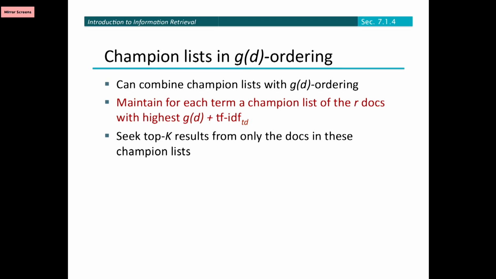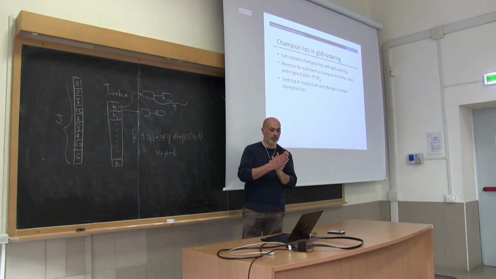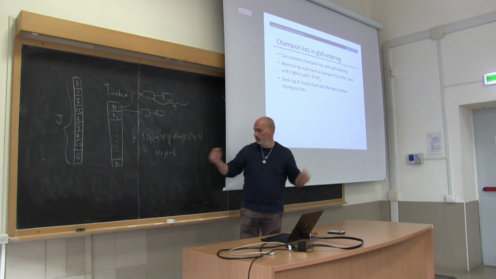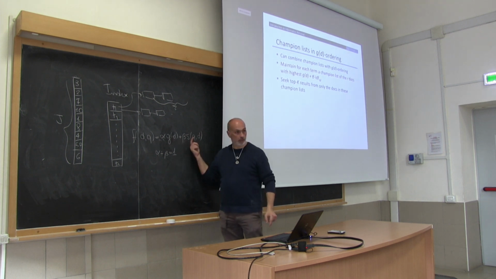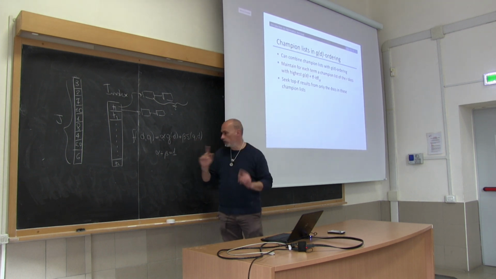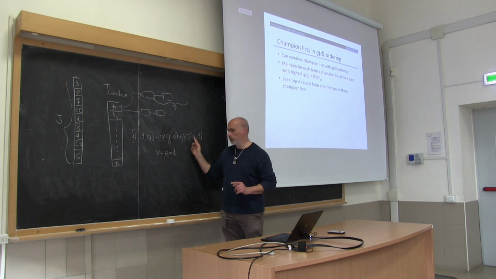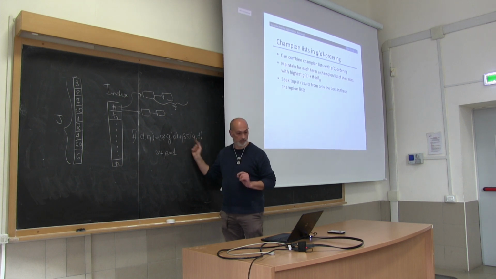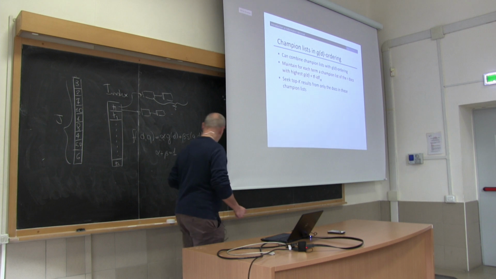I still have GD ordering, but on top of that, for every term, I'm maintaining also a champion list containing R documents for every term. And in that case, it will be the documents that have the highest global score for that term. Okay, that's the difference. So here, instead of Q, you have a T. You have a term. Is it clear?